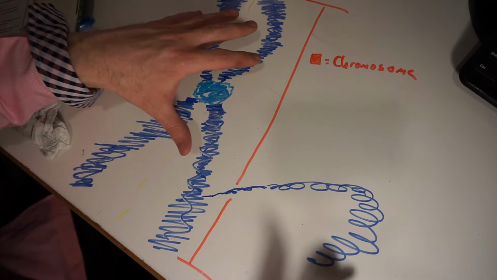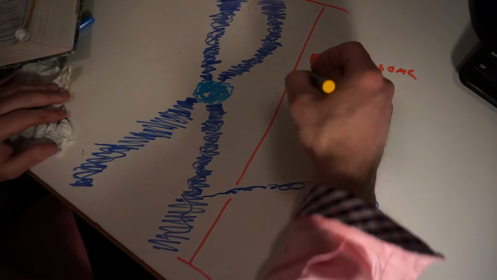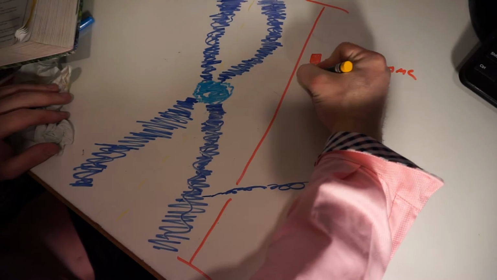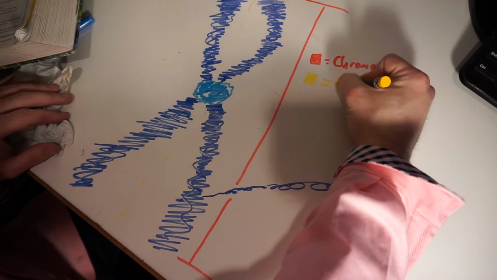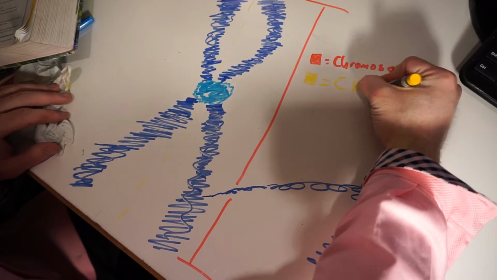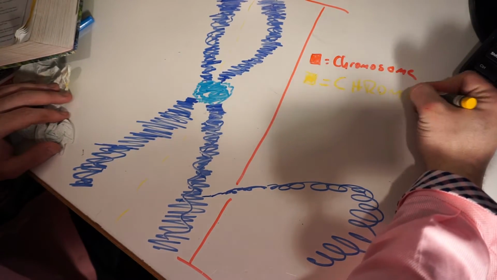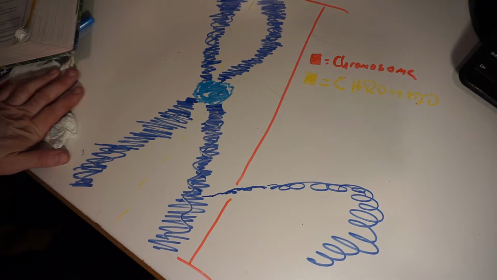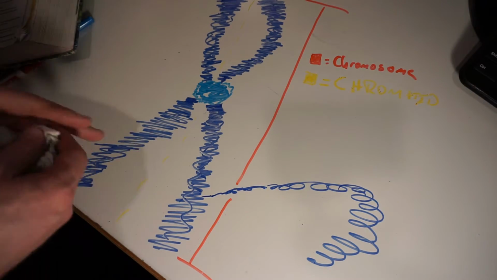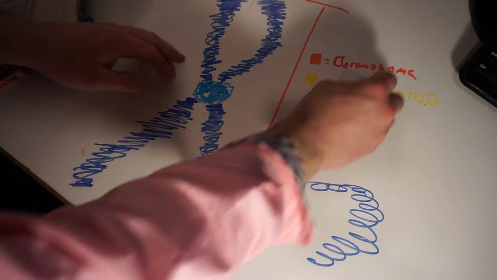So as you can see, a chromosome is all of it, a chromatid is half. So we use this to represent chromatid, which is not very legible.